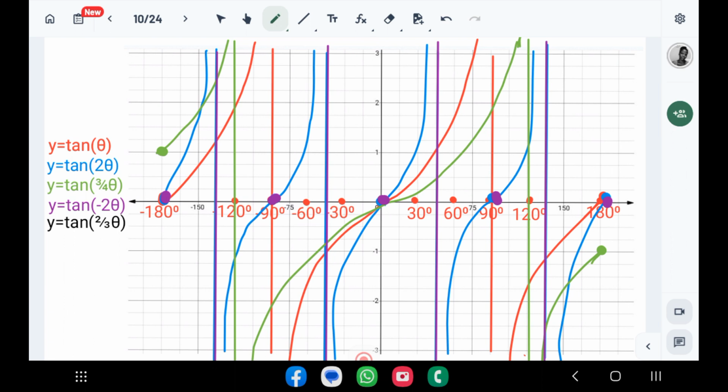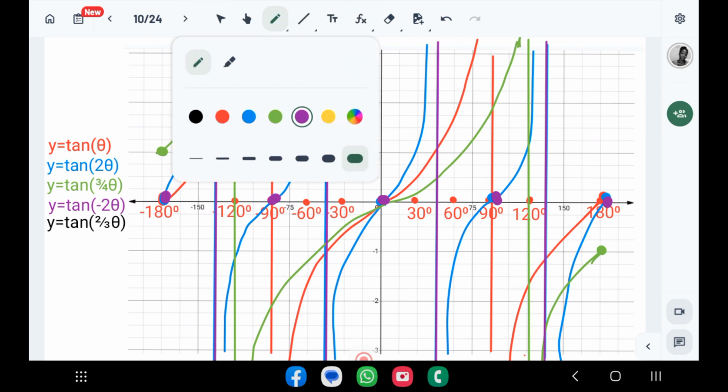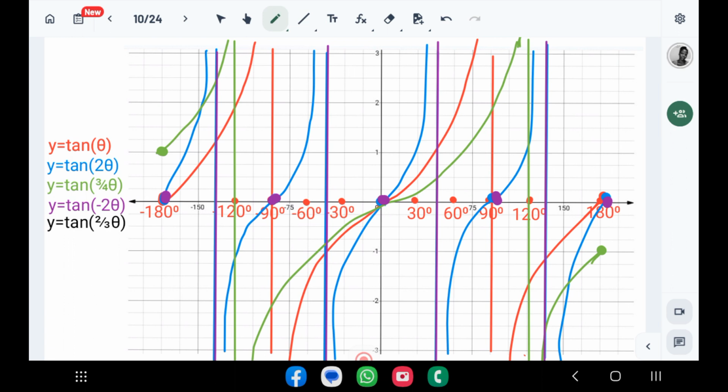And now we join the graphs. Notice something. This is where the blue and purple graphs differ. The purple graph now changes shape. It looks the other way.